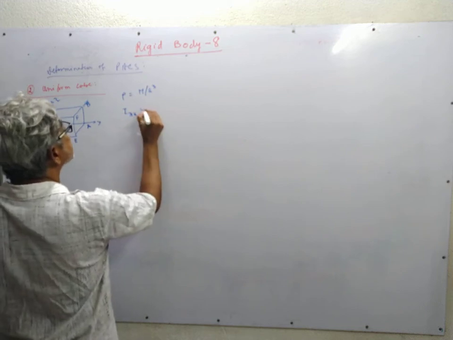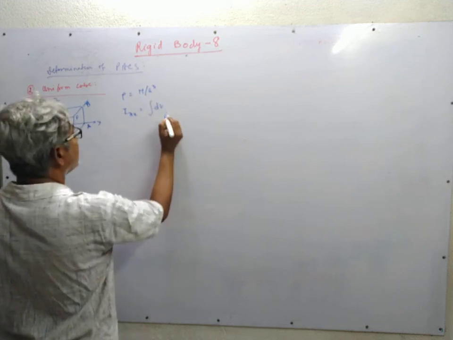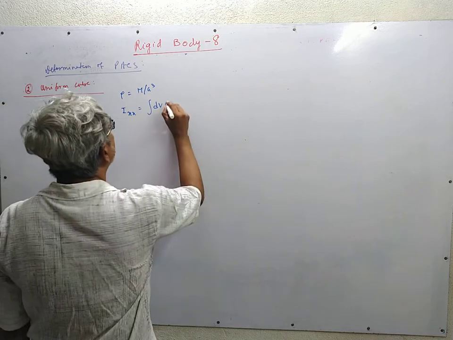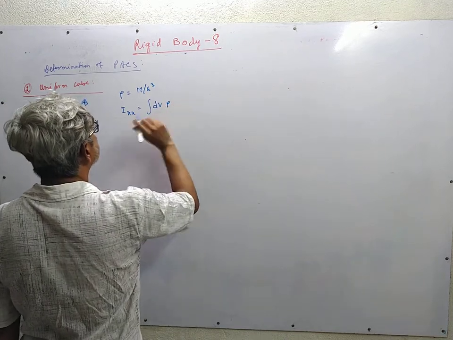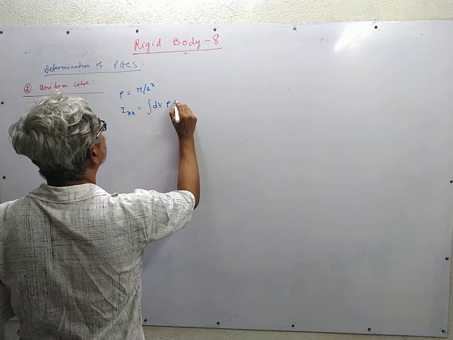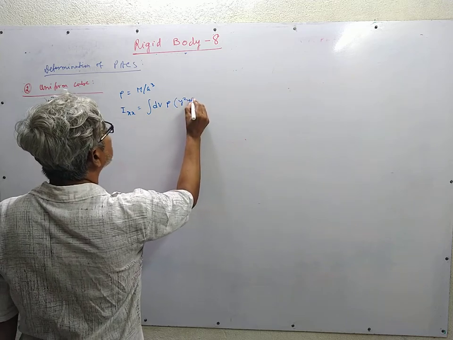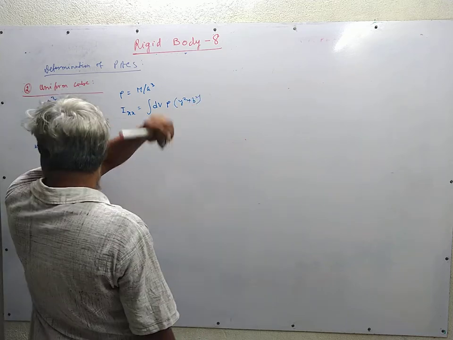So Ix is equal to the integration over V of rho, which is uniform, times y square plus z square.